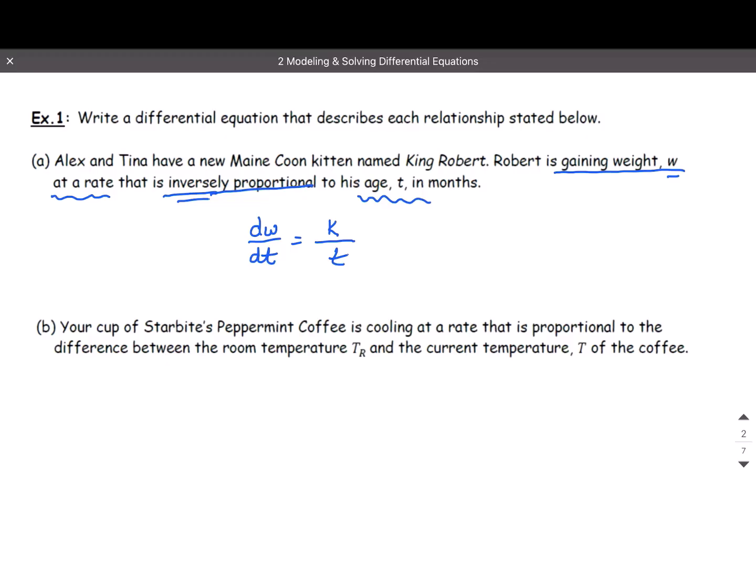If it's proportional to, it would be dW/dt equals kt. Inversely proportional to is dW/dt equals k over t.